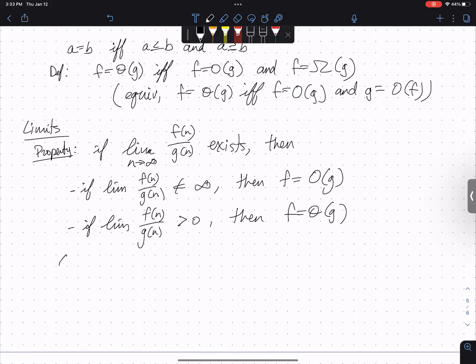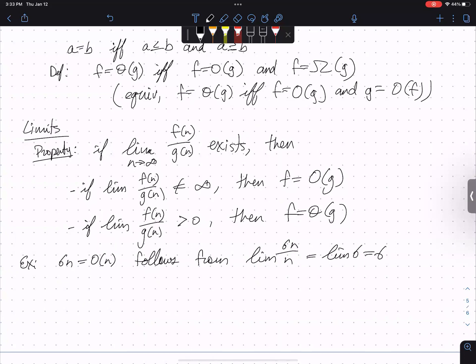For example, we showed that 6n is big O of n. We showed it directly from the definition of big O, but we can also take the limit of 6n over n, which is 6, and that falls into both of these categories. We already saw that it's big O of g. Turns out it's also theta of g.